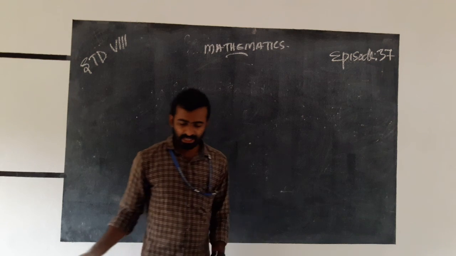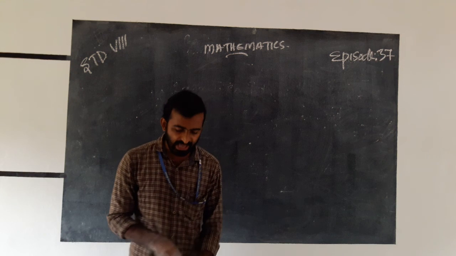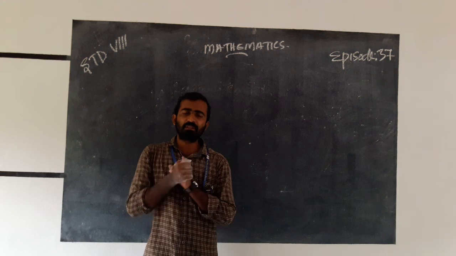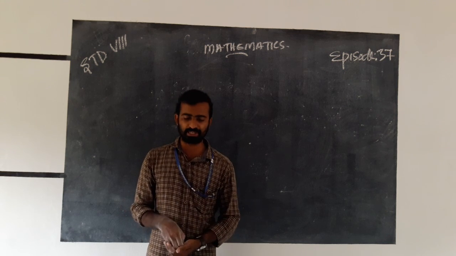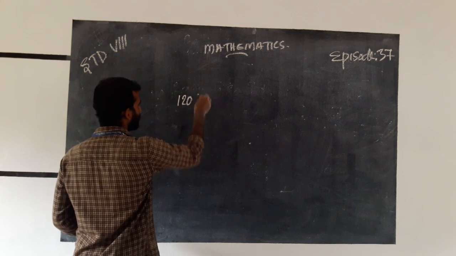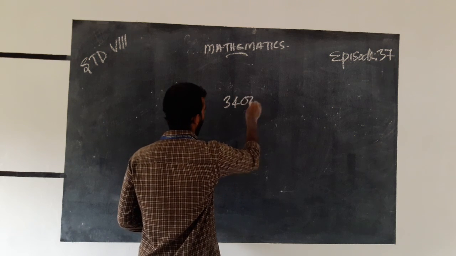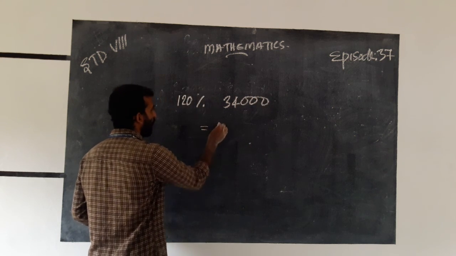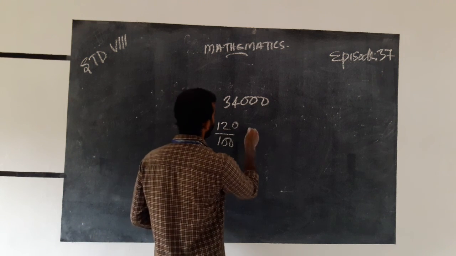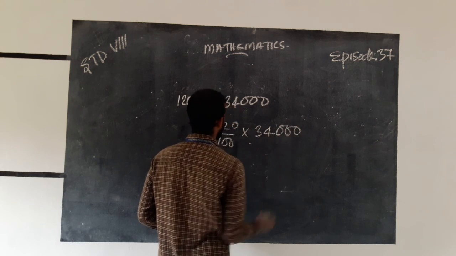The second method: 20% is increased, so we take the percentage as 100 plus 20, that is 120%. We find 120% of 34,000. That is 120 by 100 into 34,000.